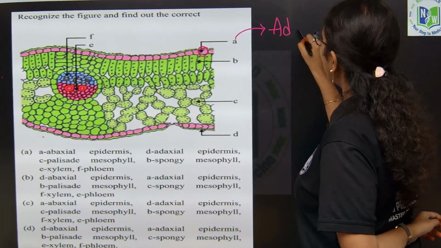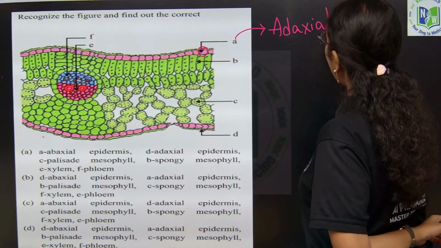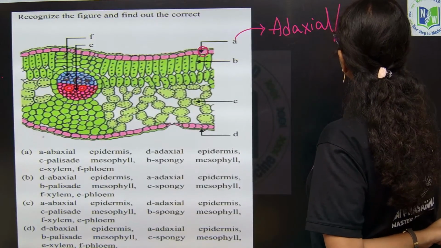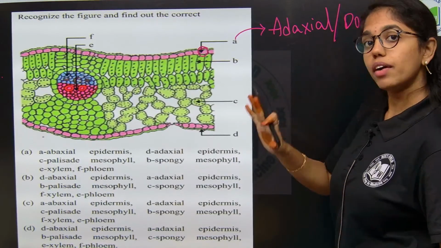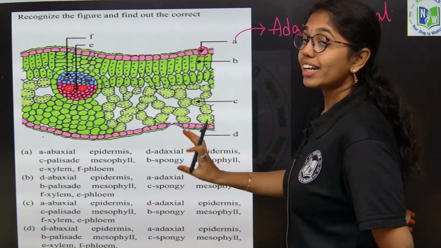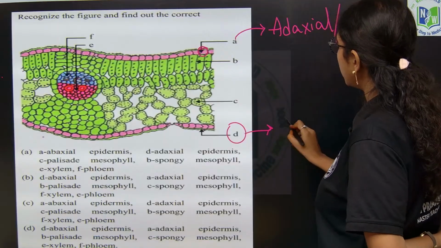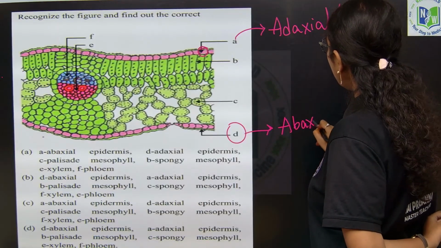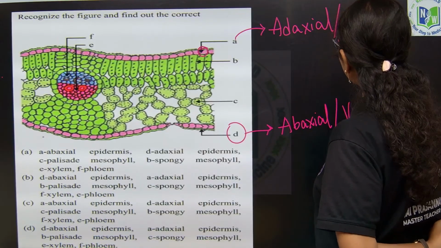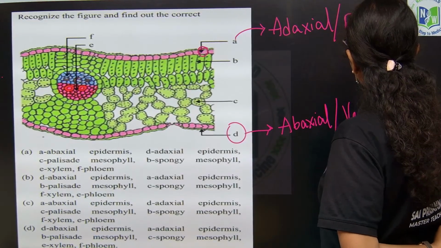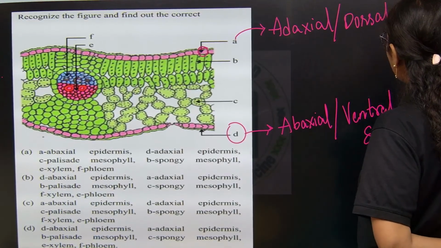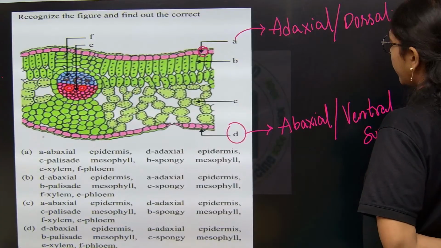Adaxial or dorsal epidermis, where the stomatal distribution will be less. Whereas D is what? Abaxial or ventral surface of the epidermis.